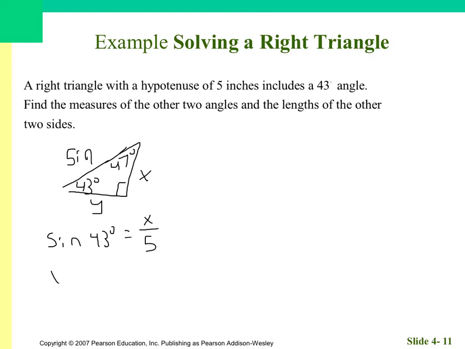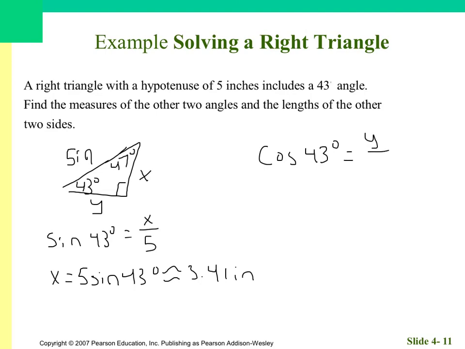So x equals 5 times the sine of 43. So 5 sine 43. Make sure your calculator is in degrees. It's approximately 3.41 inches. Cosine 43, adjacent over hypotenuse.